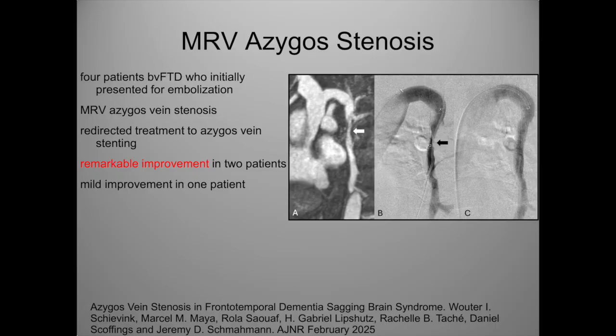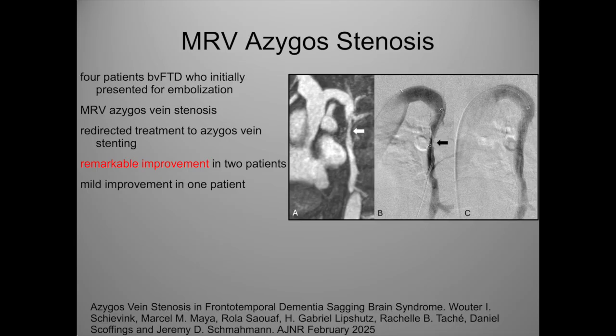Finally, I can't pass up the opportunity to show this situation where early on, when we started doing these procedures, we thought, why don't we try to treat these patients with behavior variant FTD, despite the fact that we didn't find any fistulas.